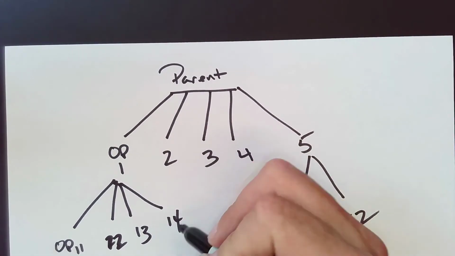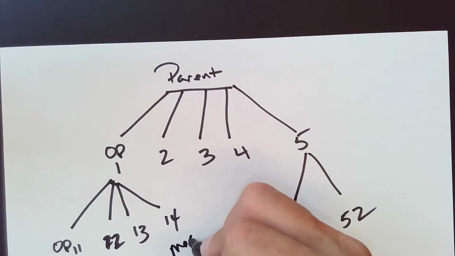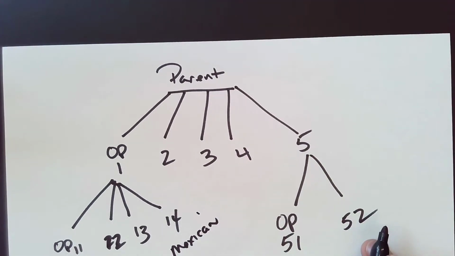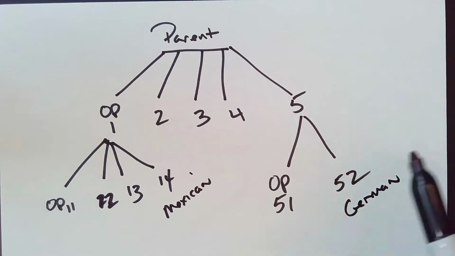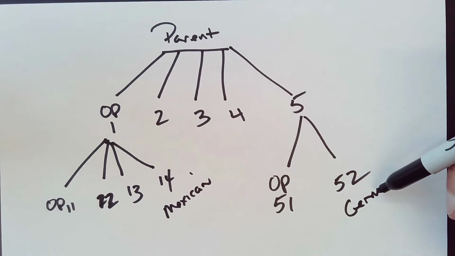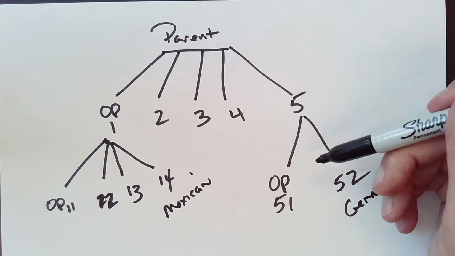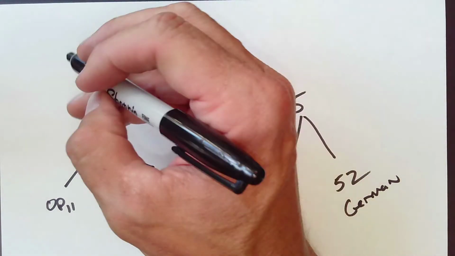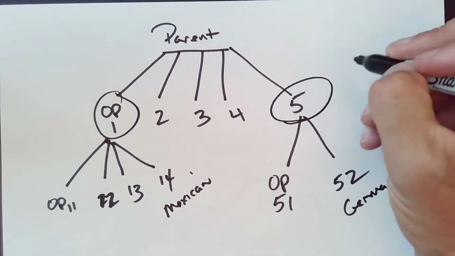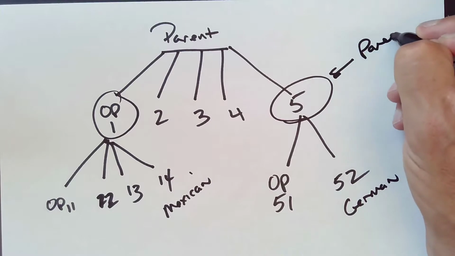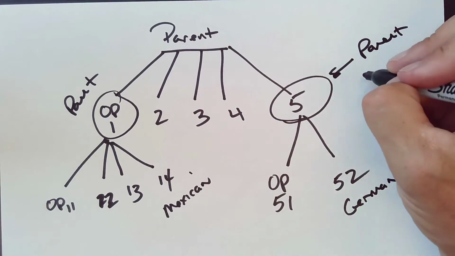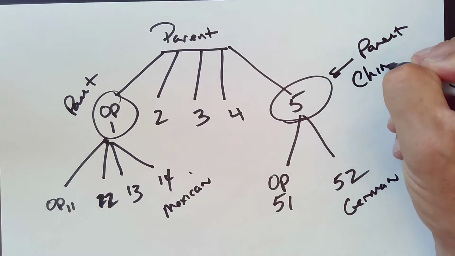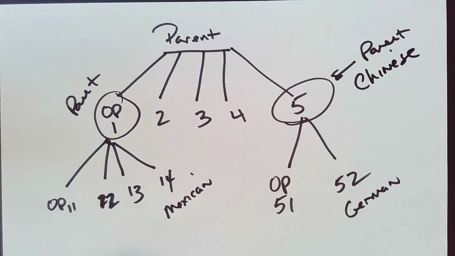This may be a Mexican operation. This might be a German operation. So this German operation, this Mexican operation, as well as whatever we've got here, is 100% owned by this operation. So this ends up being the parent. And if this parent is a Chinese operation, right?